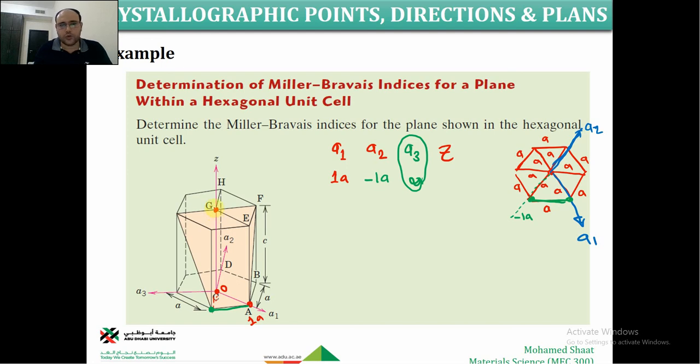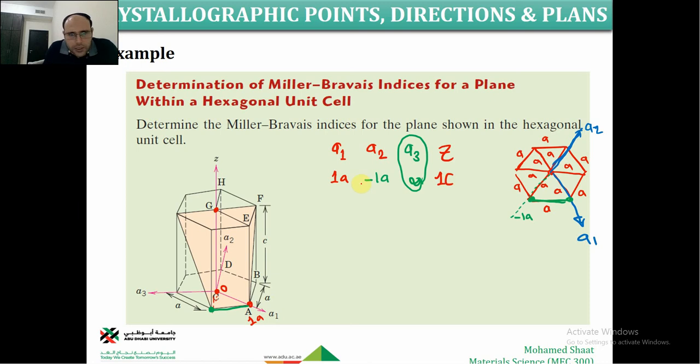The intersect point will be at this point G. This point is located at a distance C in the positive Z direction from the zero point, right? So this vertical distance from the origin up to the G point is C in the positive direction of Z. It means that this is 1C. This is the intercept.